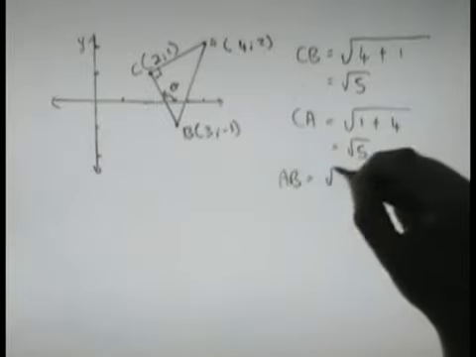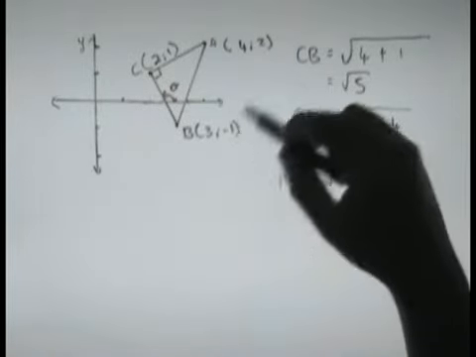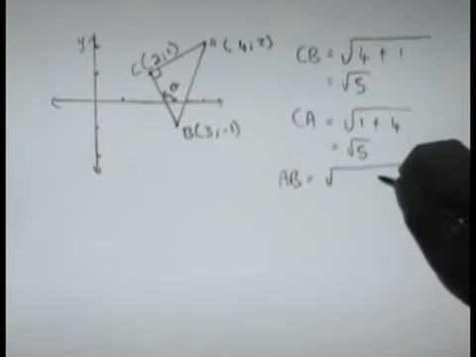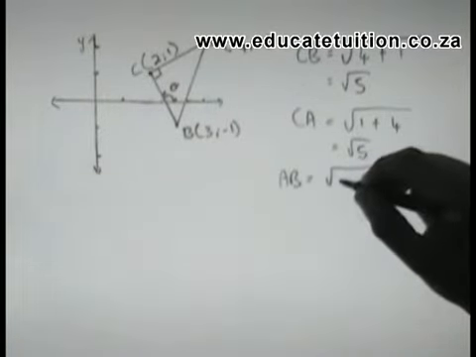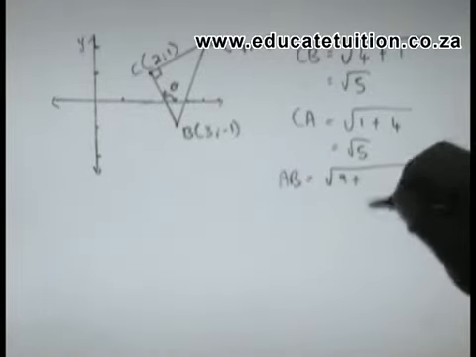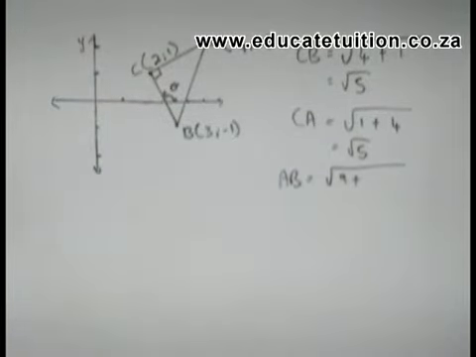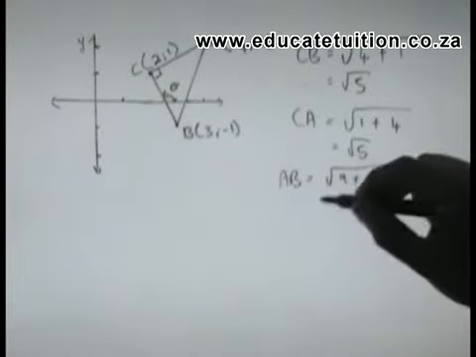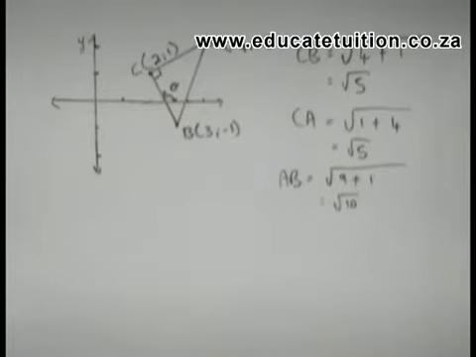AB is going to be given by the square root of y2 minus y1, minus 1 minus 2, is going to give me minus 3, squared is positive 9, plus 3 minus 4 is negative 1, squared is positive 1, so it's 9 plus 1, which is equal to the square root of 10.